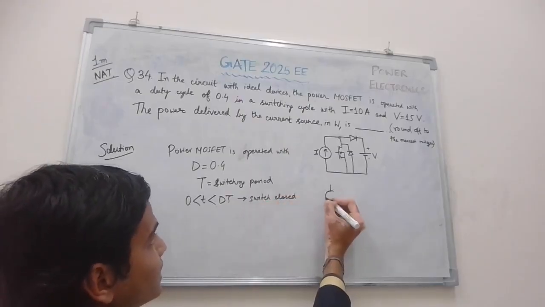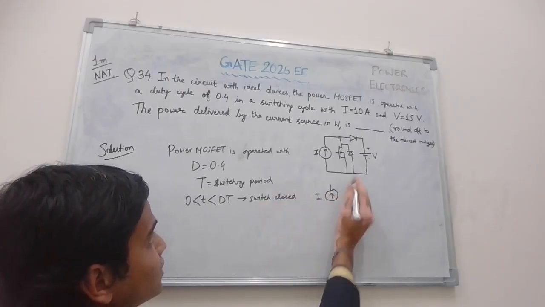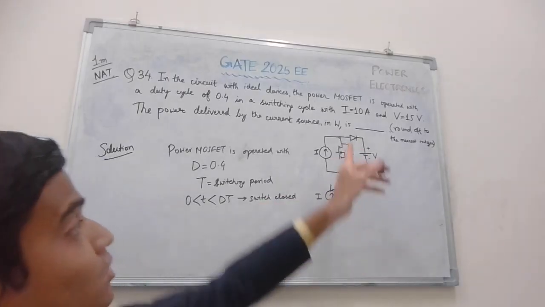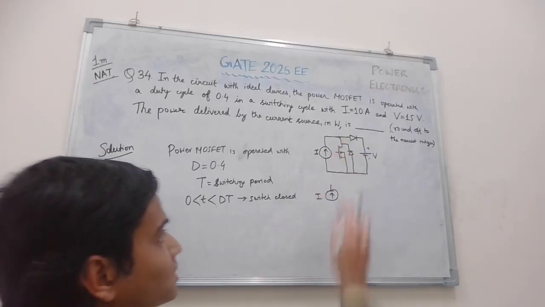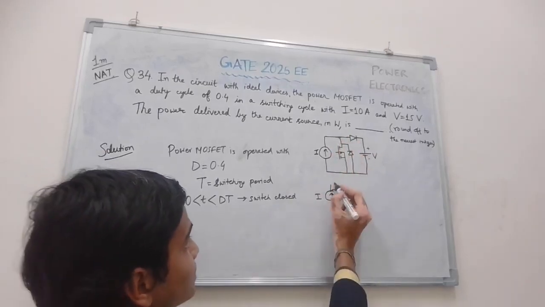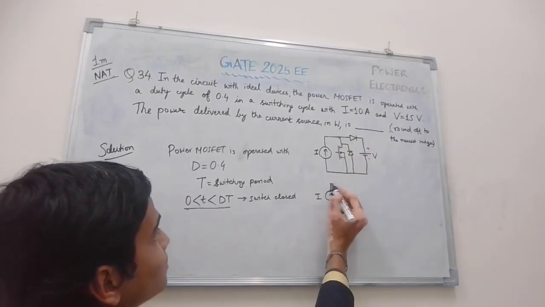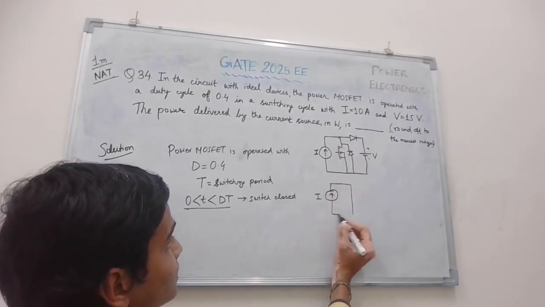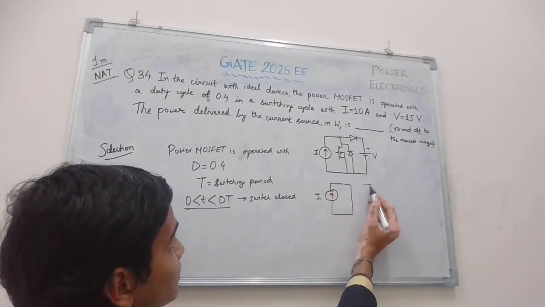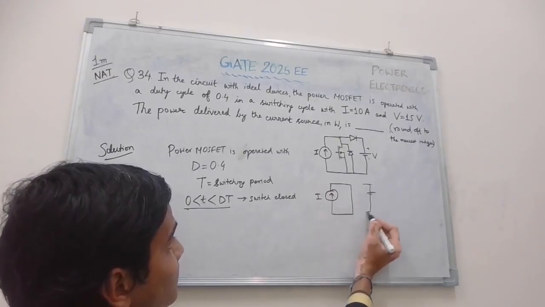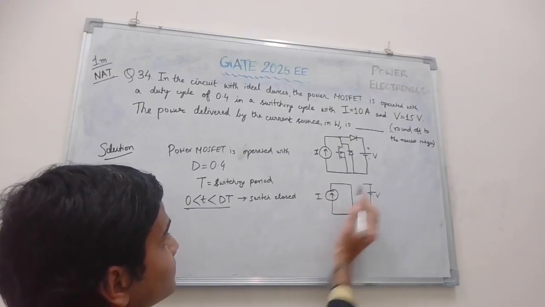The effective circuit becomes like what? Switch closed means, this is an ideal power MOSFET, so it will be short. The gate voltage is given for this time period 0 to dT, short like this, and the diode will be open like this, right?